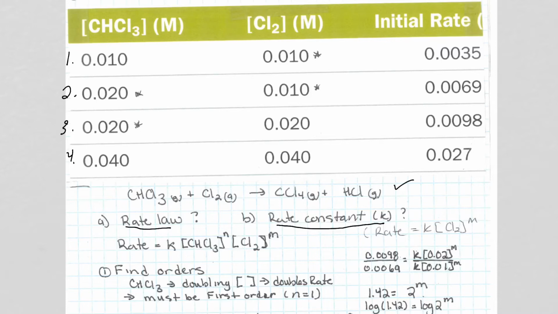So the first thing that we can write is that we know the rate law is going to take the form of the rate is going to equal some rate constant times the concentration of our reactants, raised to some order, to some exponent here. So while we can't know what the rate constant is or know what the actual orders are just from looking at the overall equation, we can write the form.